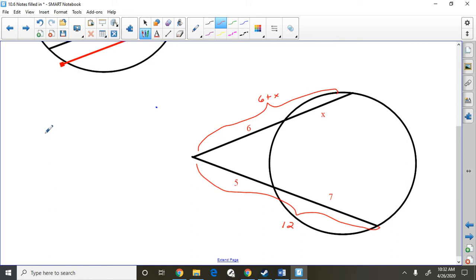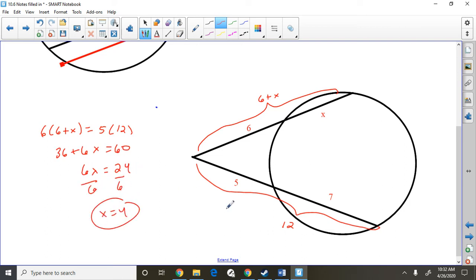So I have the secant segment times its external segment. 6 times 6 plus x equals 5 times 12. External part times entire thing equals external part times entire thing. And multiply this out. Subtract the 36 from both sides and divide by 6 to get x equals 4.